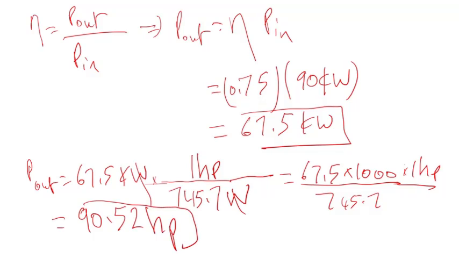So that's how you perform power calculations on motors. Either you are given the input, efficiency, and power factor, then you calculate the output power, or you're given the output power and you're trying to calculate the input power, or you're given output and input, and you're trying to calculate efficiency.